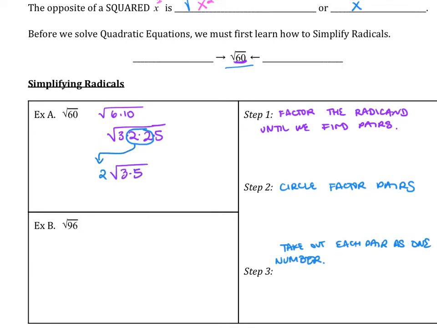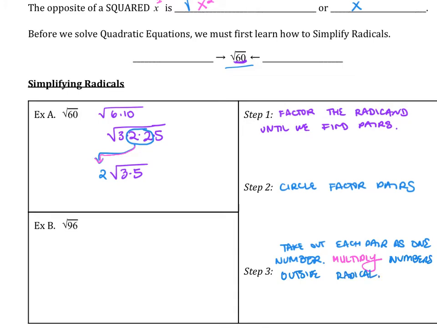Just a side note: we don't have it in this example, but when a number comes outside, if there's something already there, you're going to multiply that number by the numbers outside of the radical. So we need to keep that in mind.